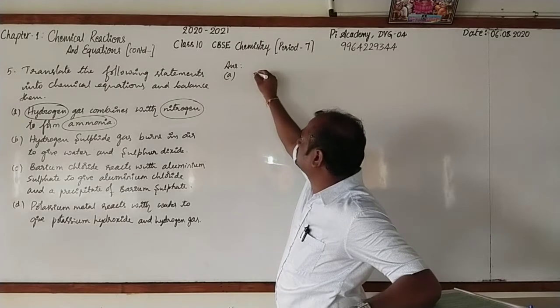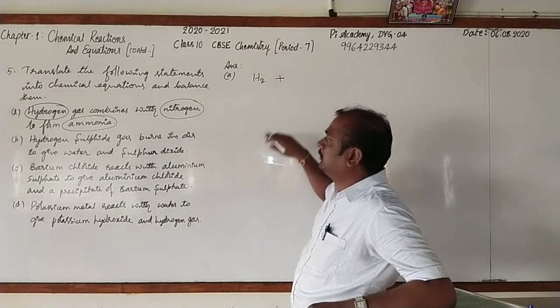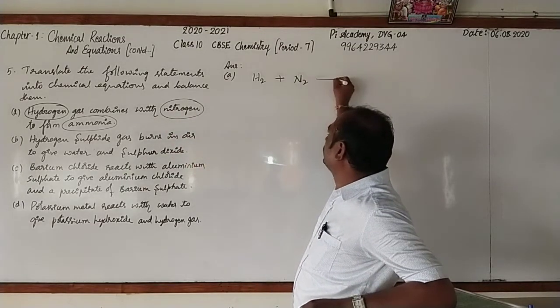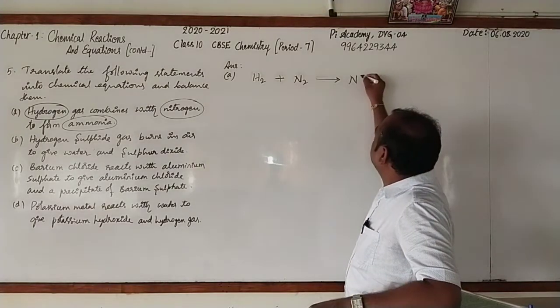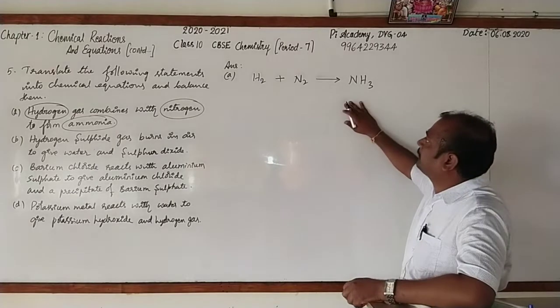Hydrogen, how do you write? Very good. It is H2 plus nitrogen, this is N2. Ammonia, this is NH3. Then go for balancing it.